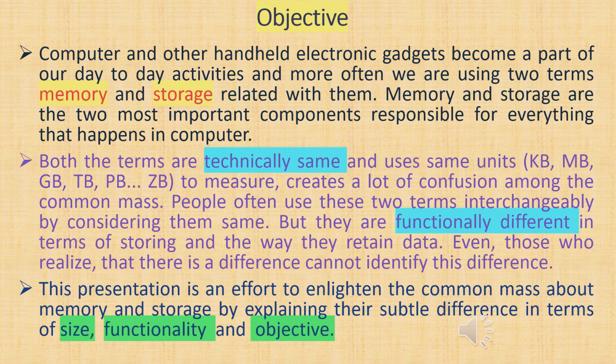These two terms use the same units to measure capacity: kilobyte, megabyte, gigabyte, terabyte, petabyte and zettabytes. That creates a lot of confusion among them.